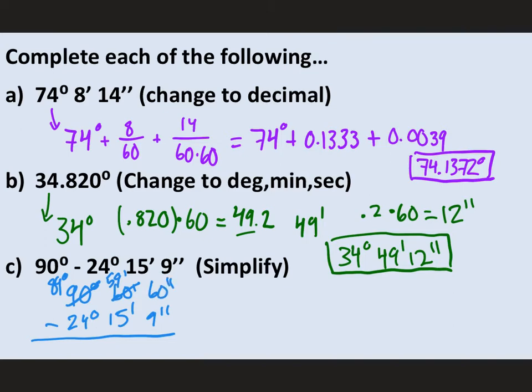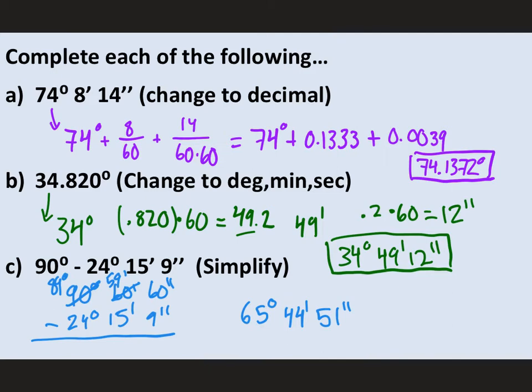I can now go ahead and subtract each column separately. So 60 minus 9, that's 51 seconds. 59 minus 15, that's going to be 44 minutes. And 89 minus 24, that's going to be 65 degrees.